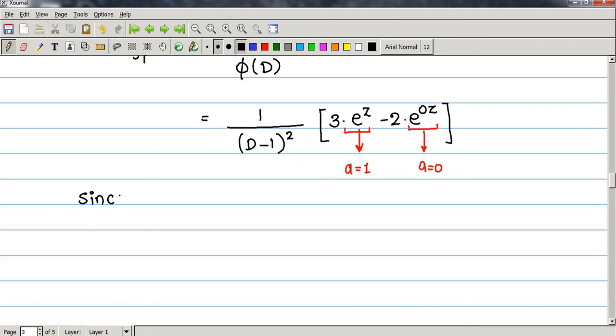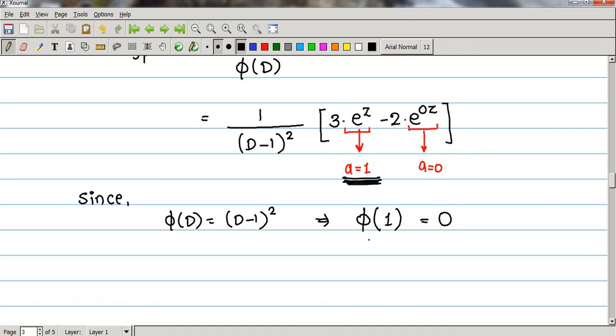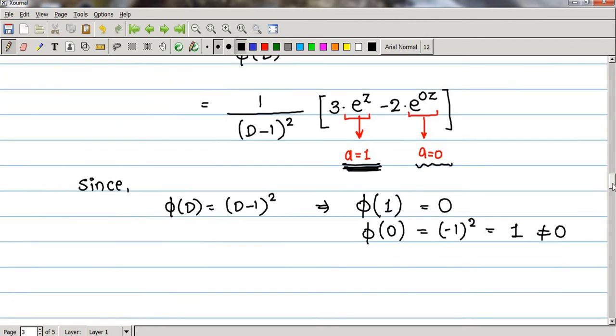Since the auxiliary equation is (D minus 1) bracket square, if we replace D by 1, we get 0, which means there exists a case of failure whenever a is equal to 1. And if we replace D by 0, we get minus 1 square, that is equal to 1, which is non-zero. So there is no case of failure for the second term.